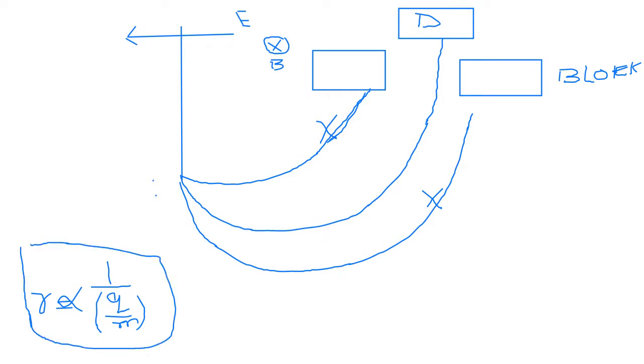If Q by M is small, your R will be large. The radius of curvature will be large.